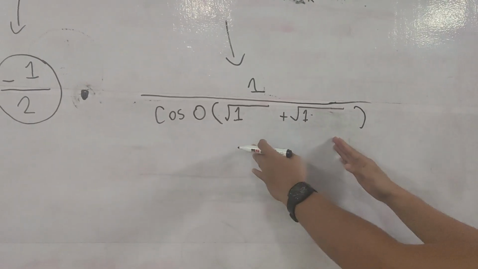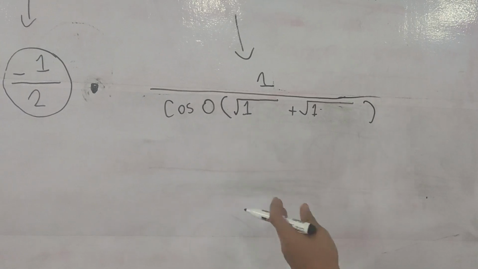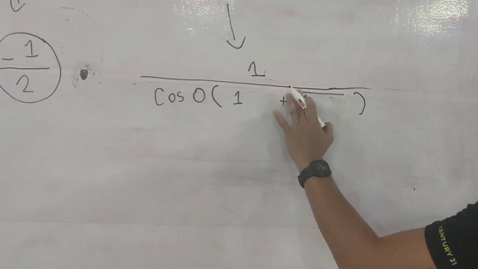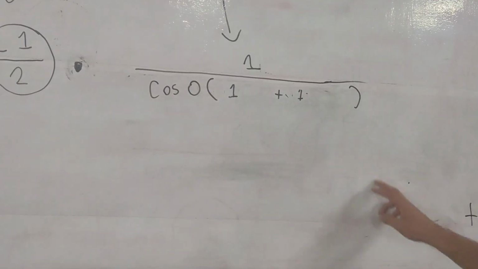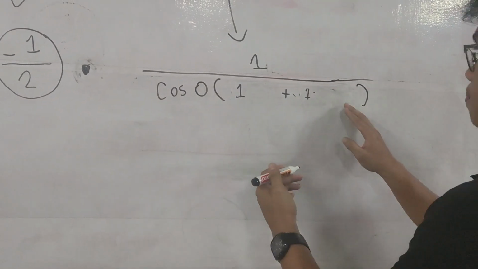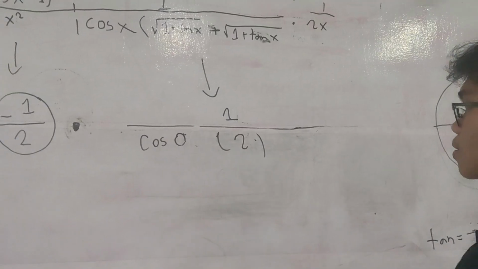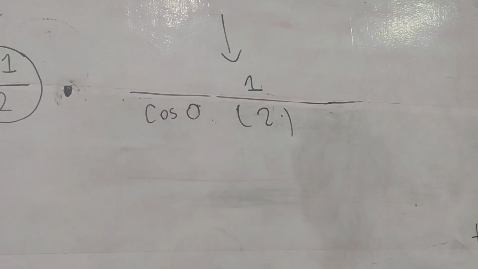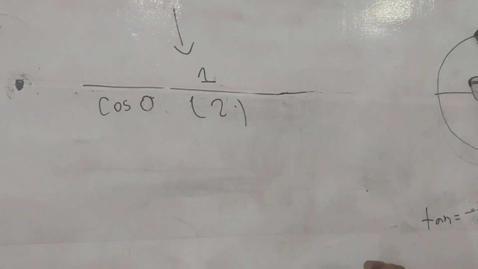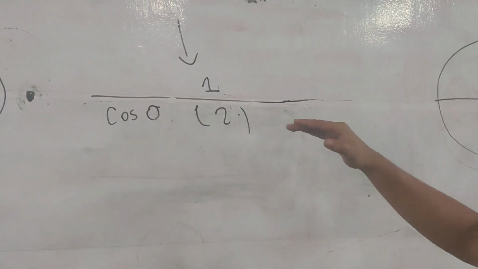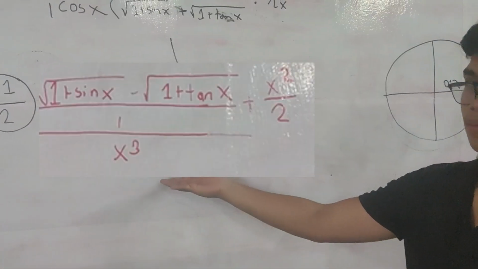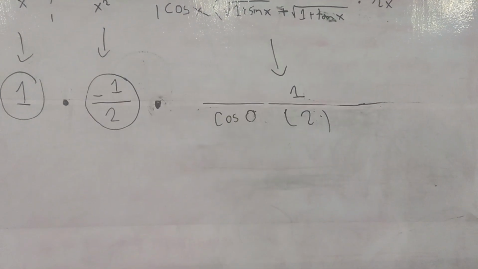So within these, we must finish this. The square root of 1 is equal to 1. And the square root of 1 here is also 1. So now, if we add all these together, it will be equal to 2. You might wonder why it is 1 plus 1, not 1 minus 1, unlike the top equation from before, which I will show a screenshot of.